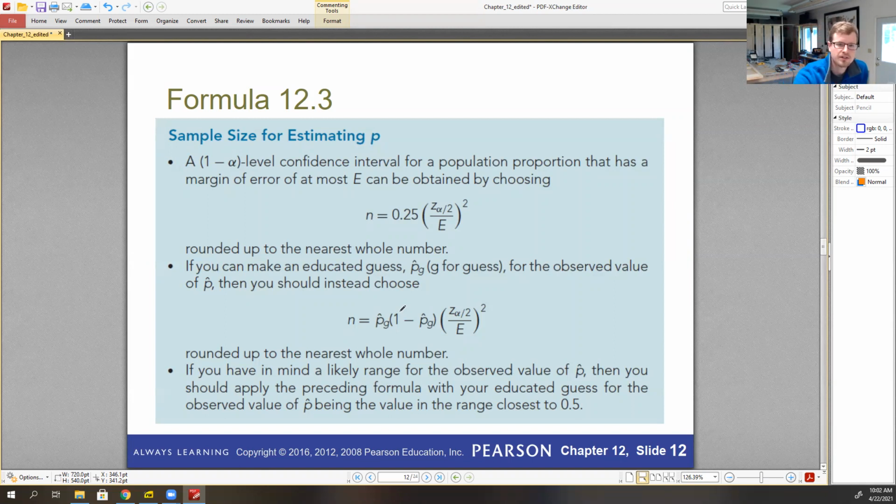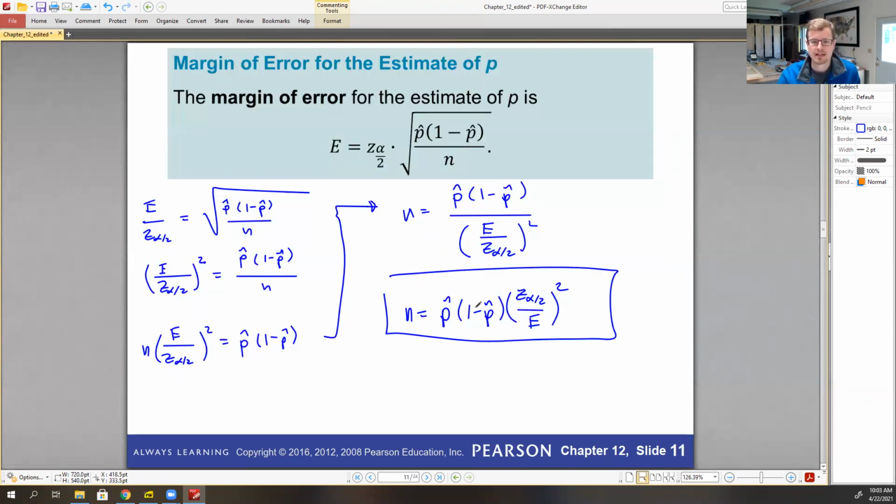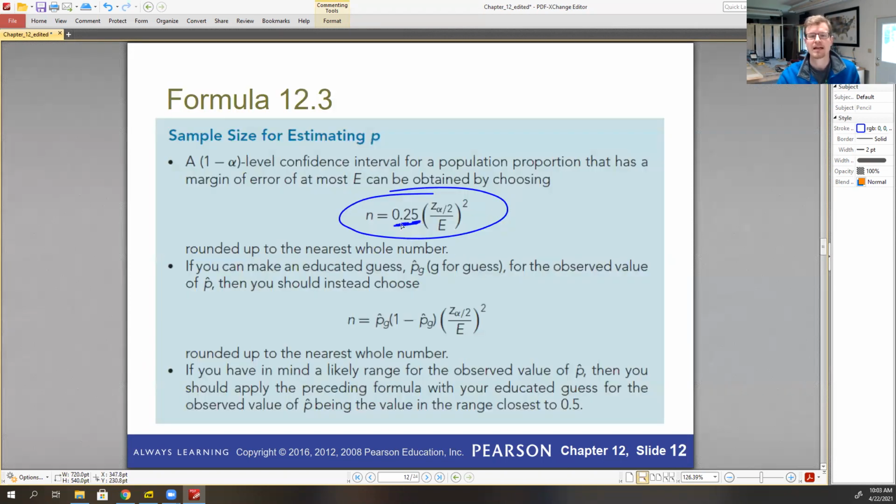So if we want, we can find it using this formula here. We'll investigate where this 1/4 comes from. So essentially, p hat times 1 minus p hat. Since we don't know p hat until we take the sample, we can't use p hat. So what do we use? We say, well, the worst that this is ever going to be, the largest this value is ever going to be, is 0.25.